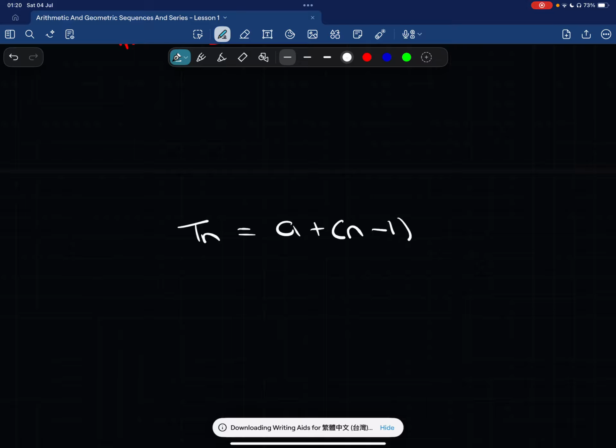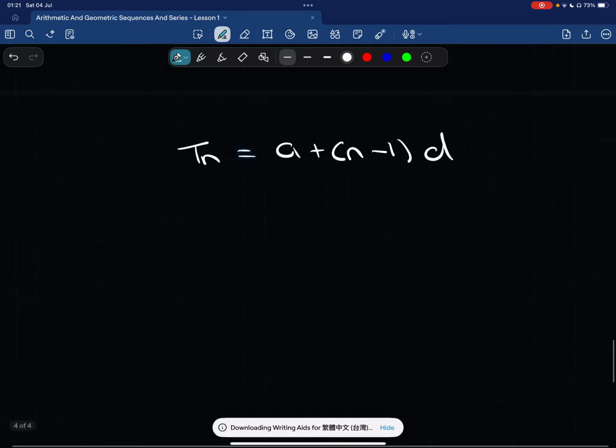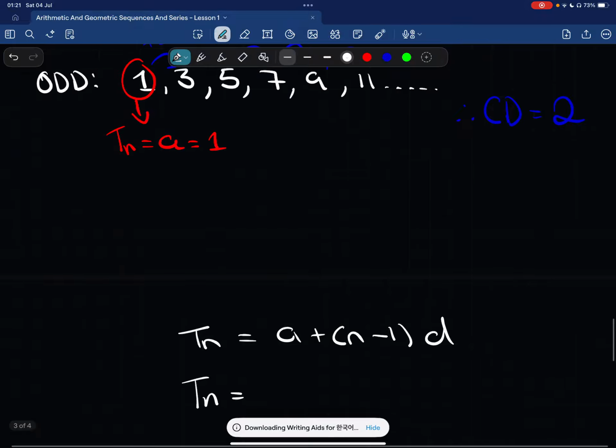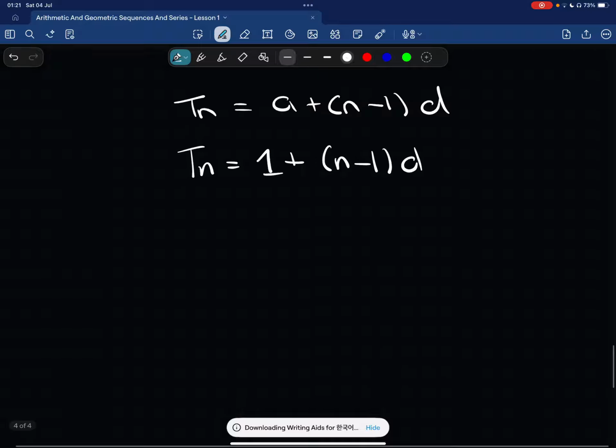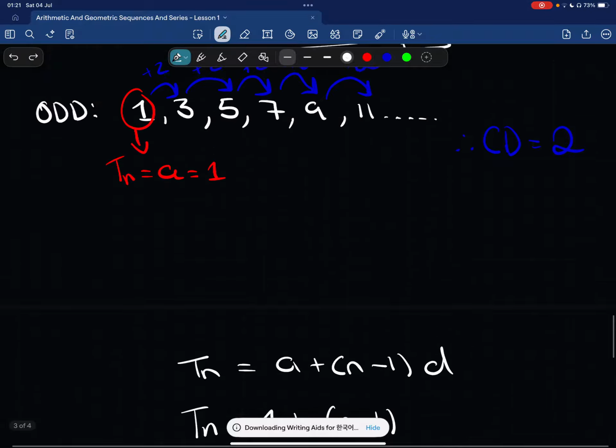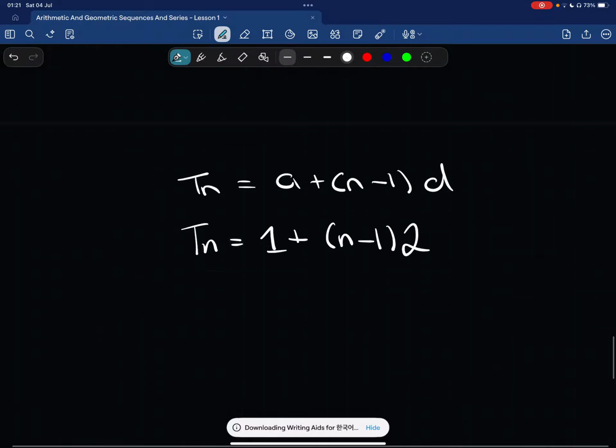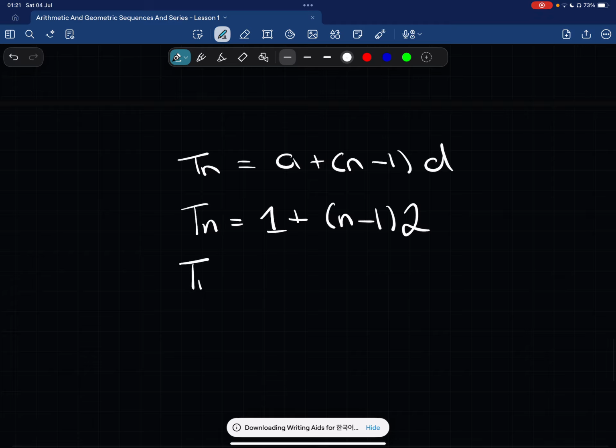Now we plug it into our general formula. Tn is equal to A plus n minus 1 multiplied by D. So Tn is equal to A, our first term, which is 1, plus n minus 1 multiplied by D, and our D value is 2. Again, this is grade 8 expansion.